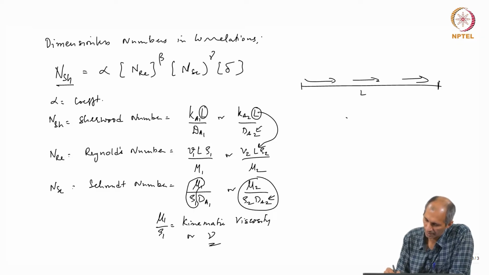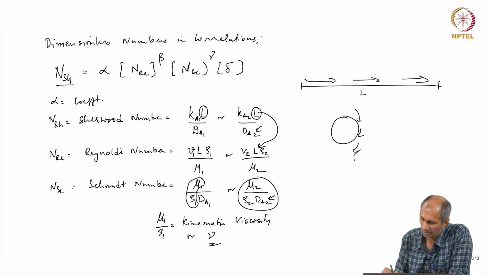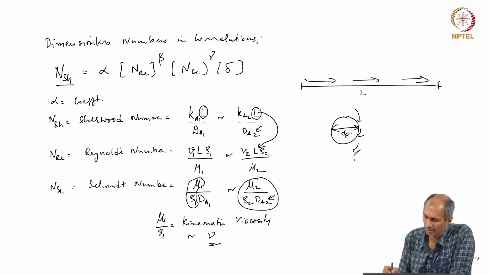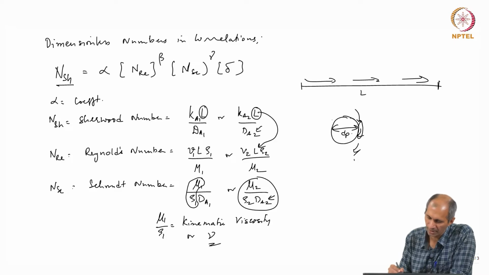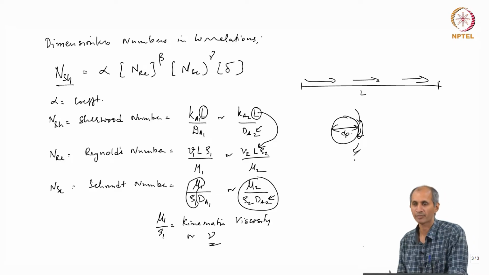Sometimes if there is mass transfer on the surface of a particle, the Reynolds number is defined in terms of the diameter of the particle, and then the mass transfer on the surface of this particle is defined with the same diameter.